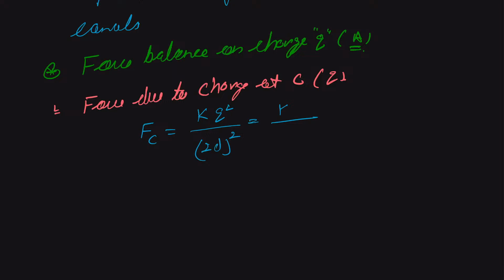So we get this as k q square over 4d square. And obviously the direction will be repulsion, okay, towards the left side. So we can say it will be repulsive.